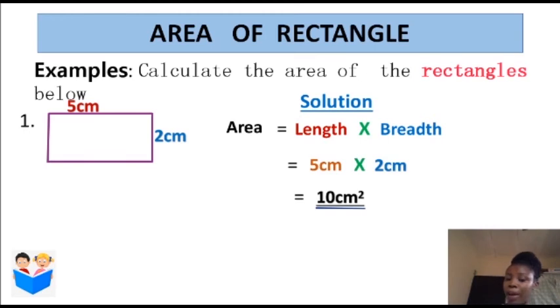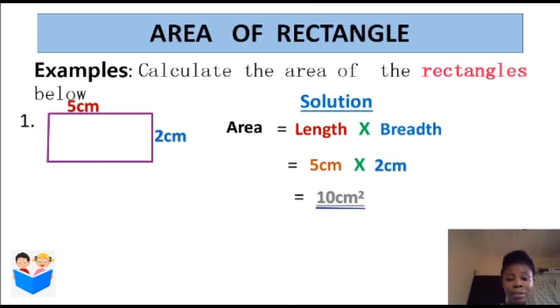We have multiplied 5 times 2. We have 10 centimeters times centimeters, centimeters squared. So we have 10 centimeters squared as the area of this rectangle.